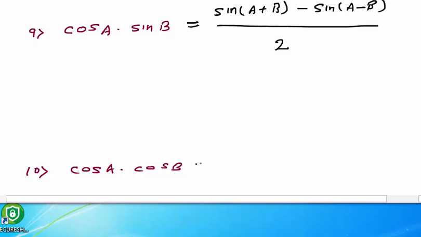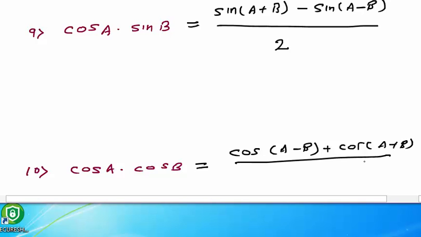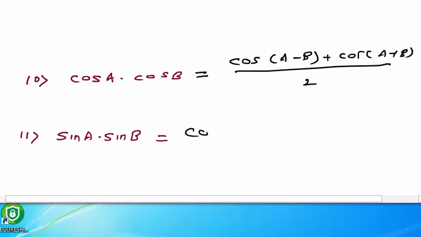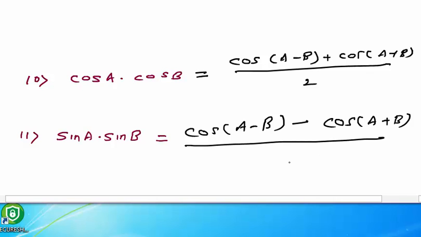Cos A cos B is cos A minus B plus cos A plus B, whole divided by 2. Sin A into sin B, again it is cos of A minus B minus cos of A plus B, whole divided by 2.